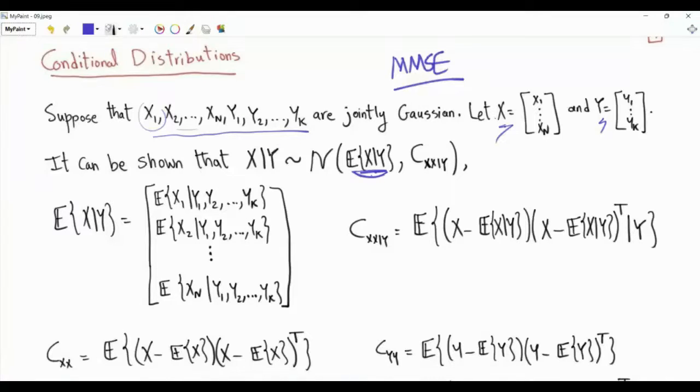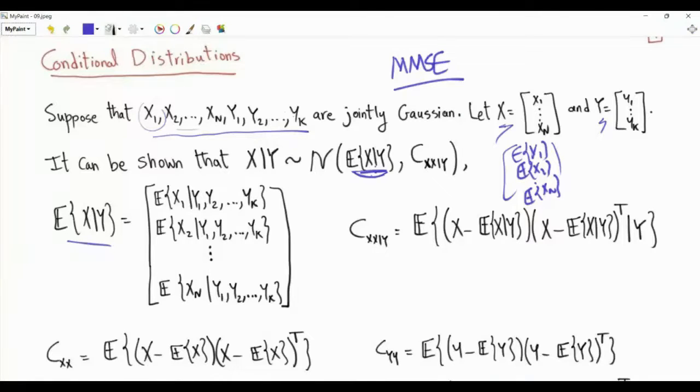Vector x itself has a vector of means, or first moments: expectation of x1, x2, all the way to xn. But now we have a vector in which each expectation is conditional. It's conditioned on the y's. So it's as if we know the y's.